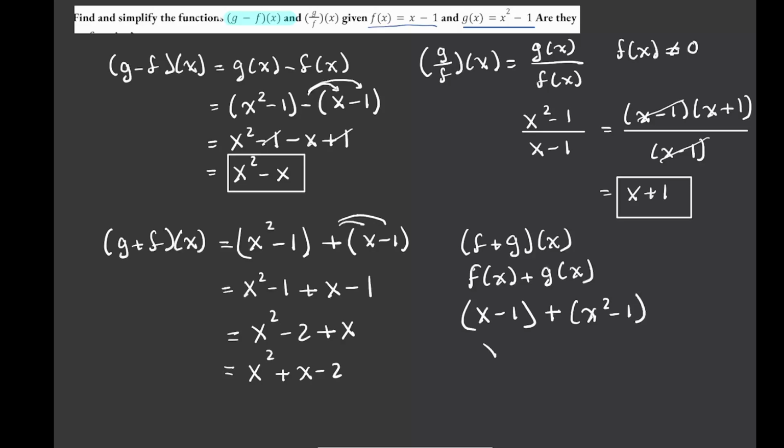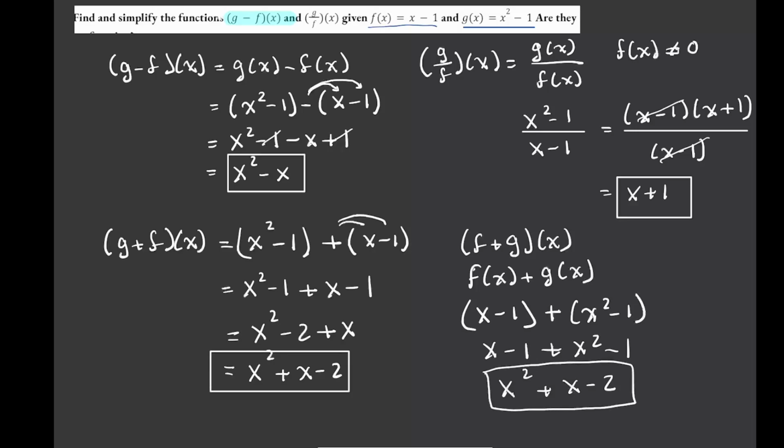Getting rid of the parentheses gives me x minus 1 plus x squared minus 1. Combining like terms gives me x squared plus x minus 2. So notice that both of these solutions are the same. Adding g of x and f of x, or f of x and g of x, will obtain the same solution.